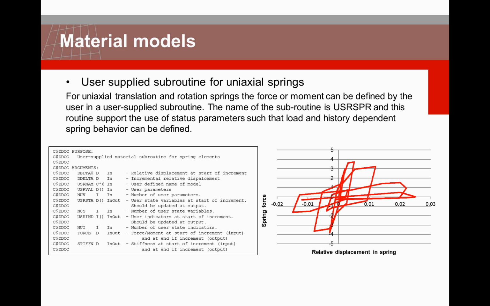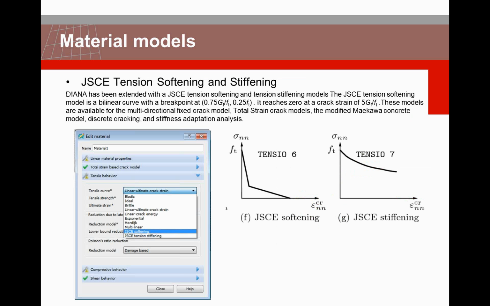This user supplied subroutine for springs can be used either for translational springs or for rotational springs, and gives the optimum flexibility for a user to define these kinds of characteristics.